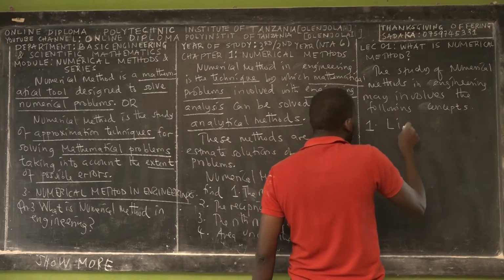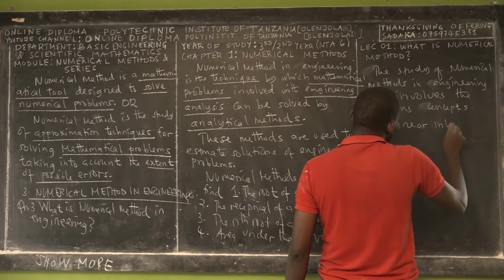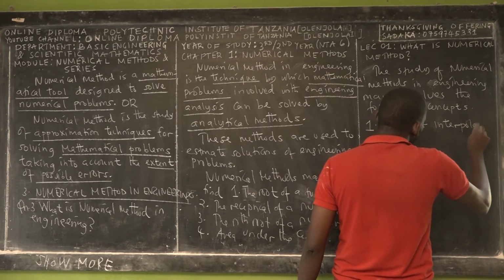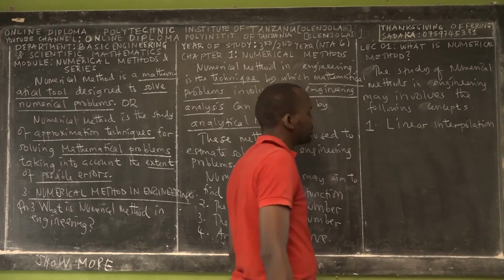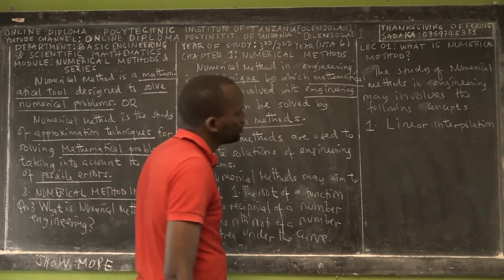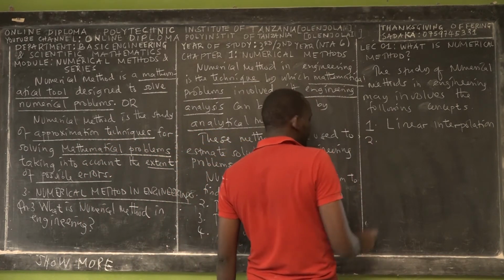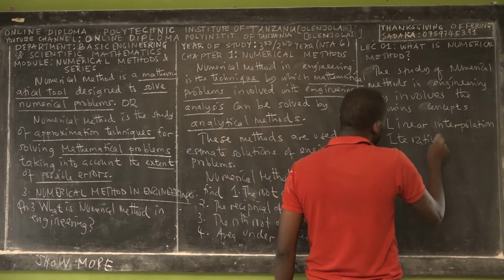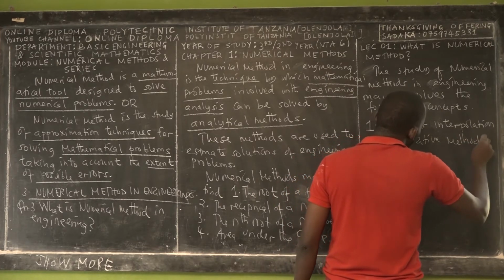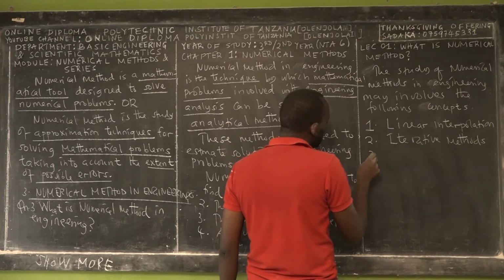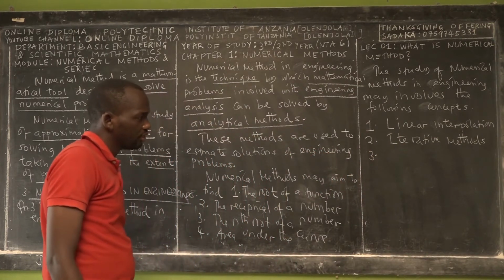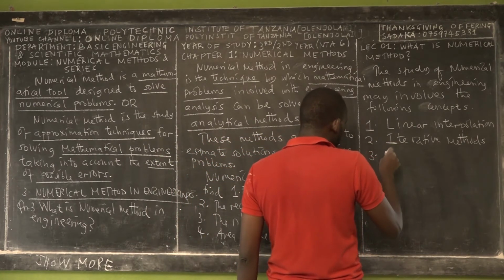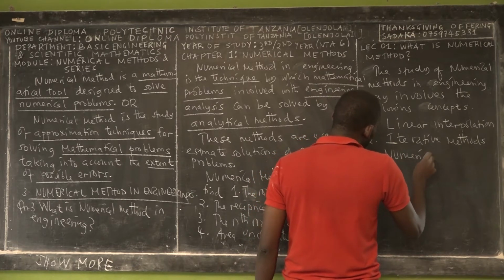The first one is linear interpolation. So one of the numerical methods is called linear interpolation. Very important. However, the syllabus of NATE does not allow us to teach our diploma students that concept. The second one is iterative methods. We'll touch on this because in iterative methods we find the Newton-Raphson method. Then, we also teach numerical integration.